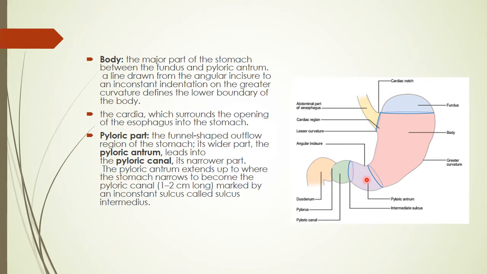Between these two lines, one is from angular incisure to greater curvature, and sometimes there is an inconstant sulcus, which is called sulcus intermedius, present on external surface, which marks the junction of pyloric antrum to pyloric canal. Pyloric canal is 1 to 2 centimeter long.